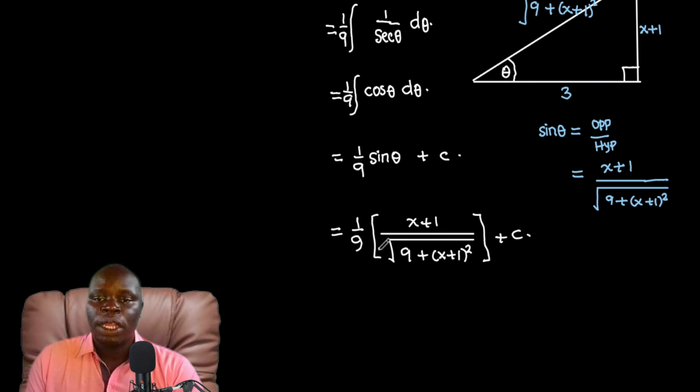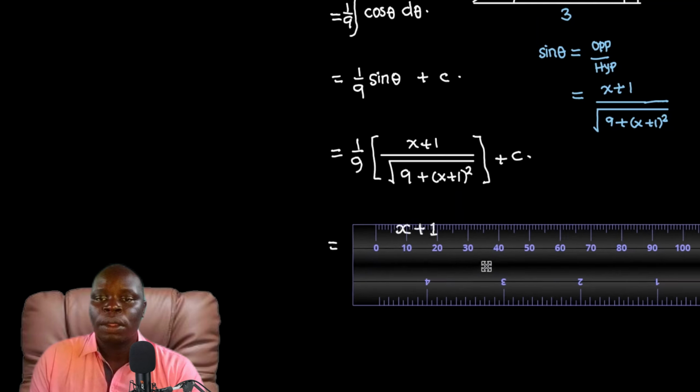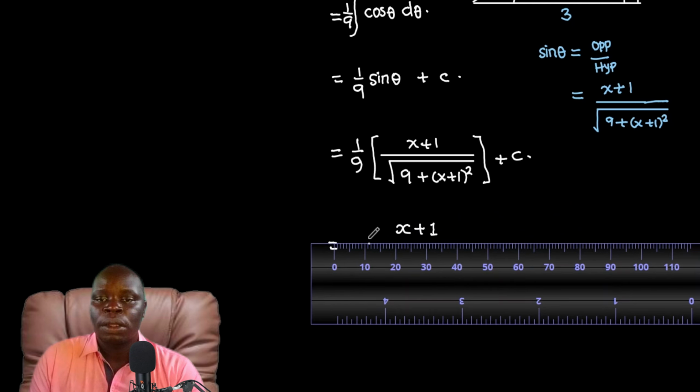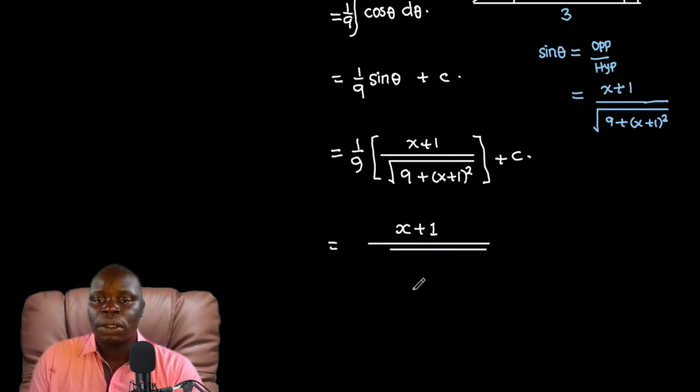Now, since we have 1 here, we can just match this one up, and finally we'll have something that looks like here. And if you leave it at this stage, it's just okay. 1 times this numerator will remain the same, so you can just have x plus 1 over, so let's have the square root sign here, and we attach our 9 around here.